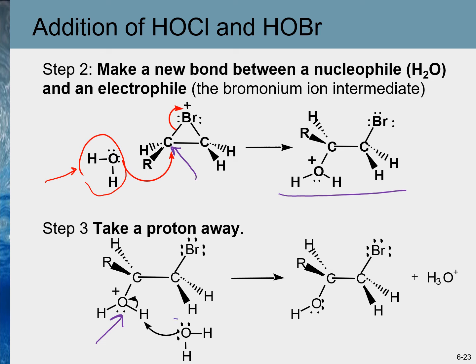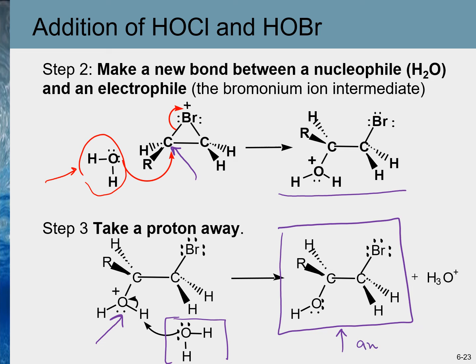In this reaction, water acts as a base, so proton is transferred to give rise to halohydrin, and as we can see, the product formed here is an anti-stereoselective product. Anti means that one of the addition groups is on one side of the double bond and the other group is present on the other side of the carbon-carbon double bond.